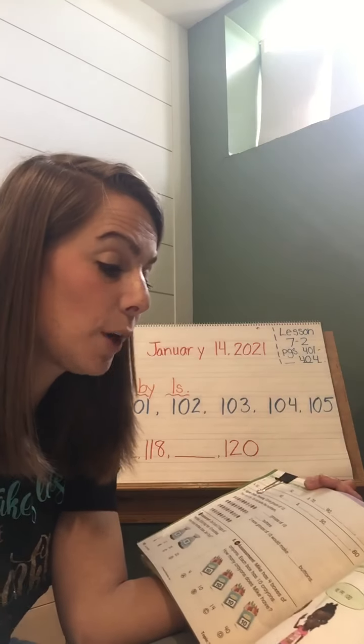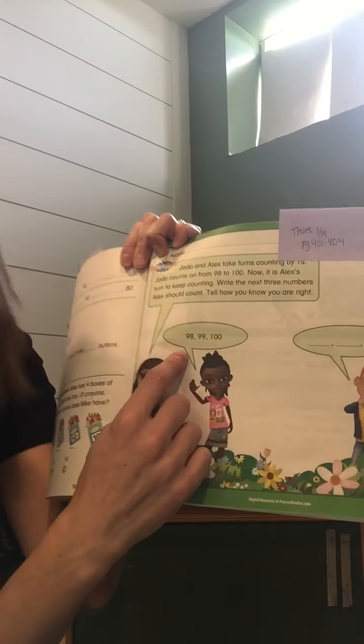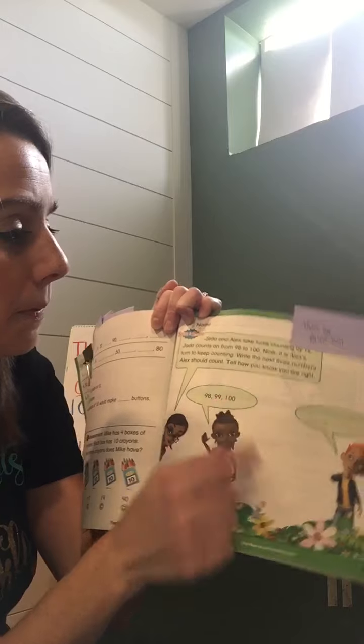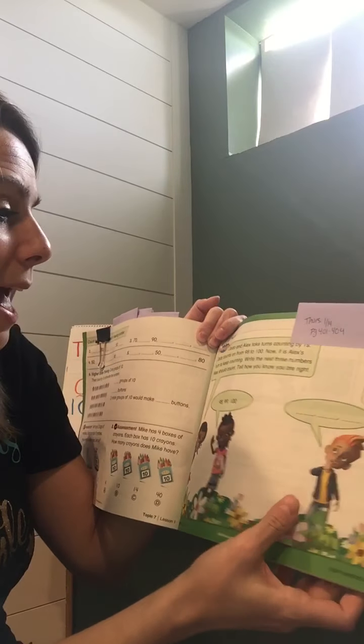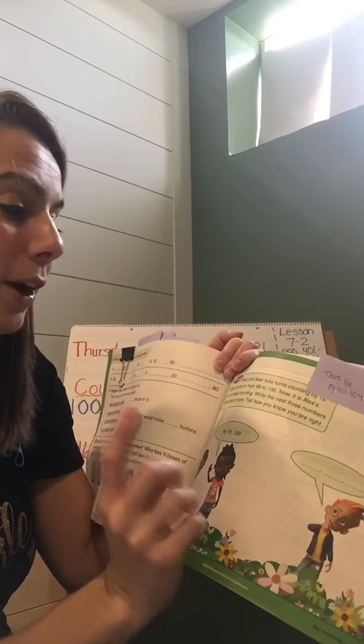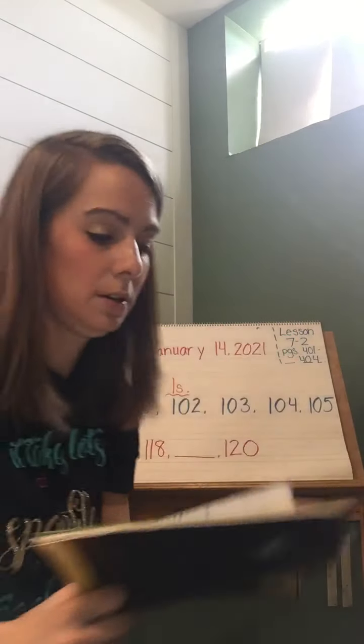Now on page 401, it says that Jada and Alex take turns counting by ones. Jada counts from 98 to 100. So you can see her here and she says 98, 99, 100. Now, Alex keeps counting. What are the next three numbers that Alex should count? What do you think?